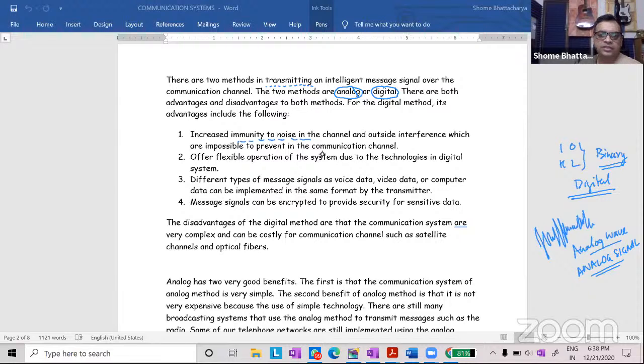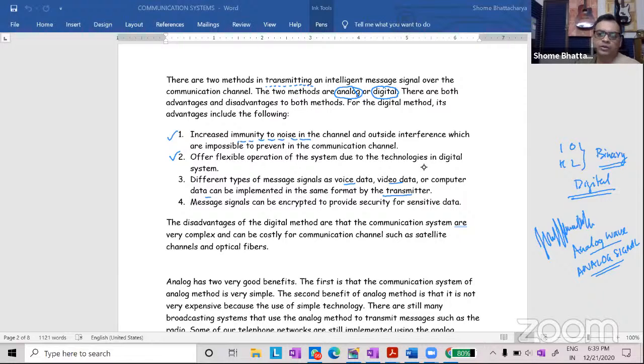Interference, noise, it offers a lot of flexibility in terms of data protection, data encoding, etc. And different types of messages such as voice, video, text, etc., can be formatted into the same transmitter. So you can use the same bandwidth of transmission of electromagnetic waves to send different types of data within the same transmission packet, because you're able to encode data in that way.